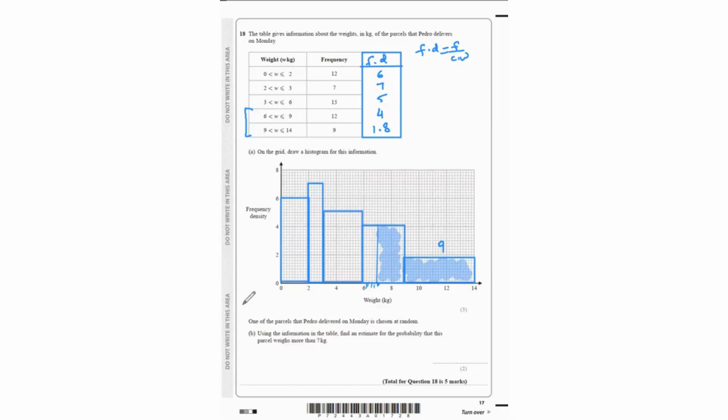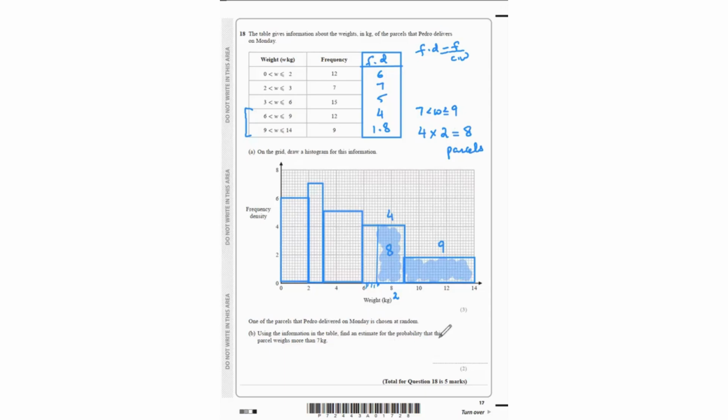So what we can do is, we know that the interval is 2 and the frequency density is 4. So for 7 to 9, the number of parcels is going to be 4 times 2, and that's 8. 7 to 9, it's 4, the frequency density, times the class width, which is 2. 8 parcels.